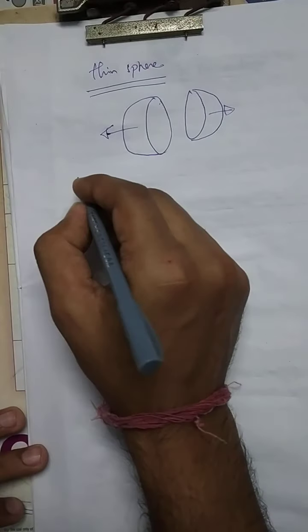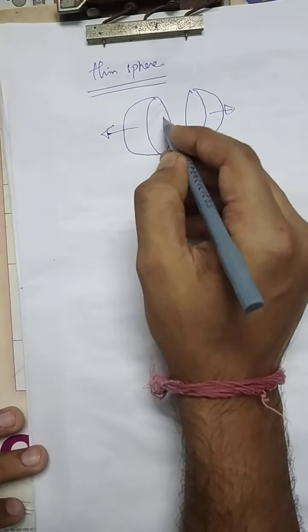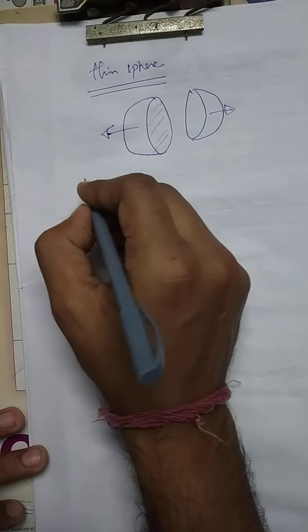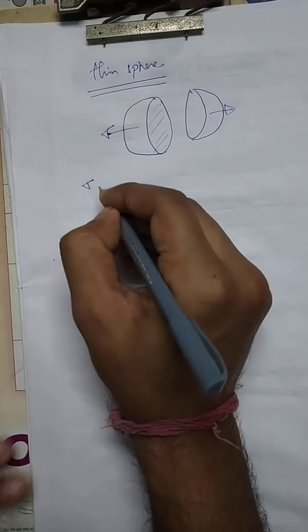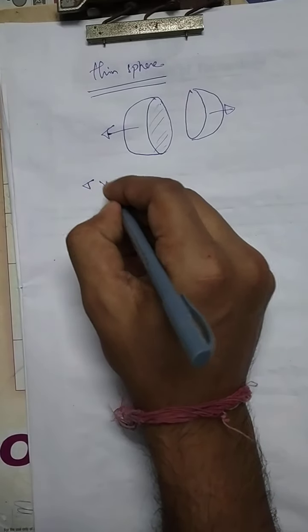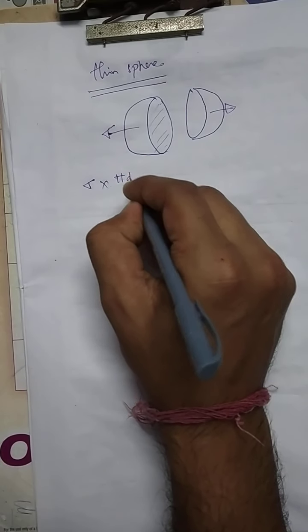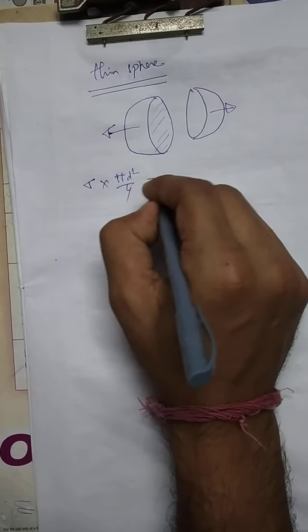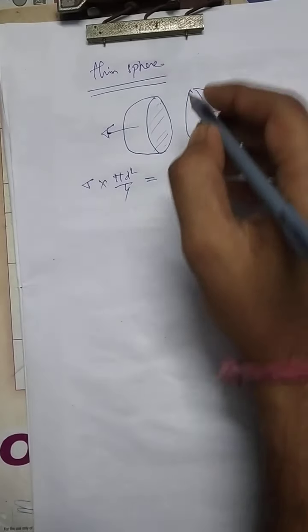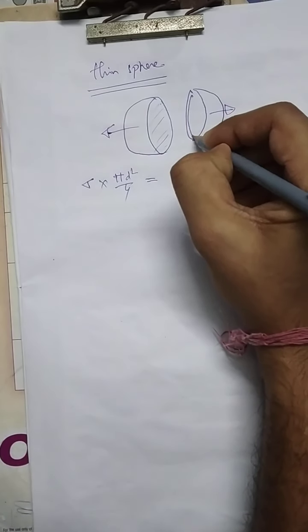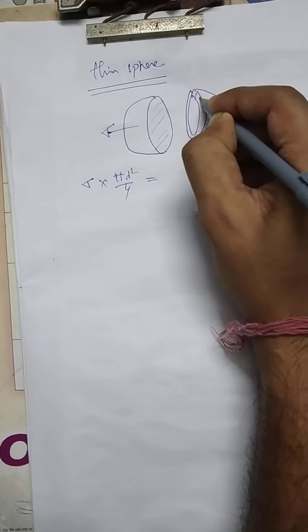So how much is the force exerted in one direction? If the stress is sigma, the area will be pi d square by 4, and that will be supported by the material over here.